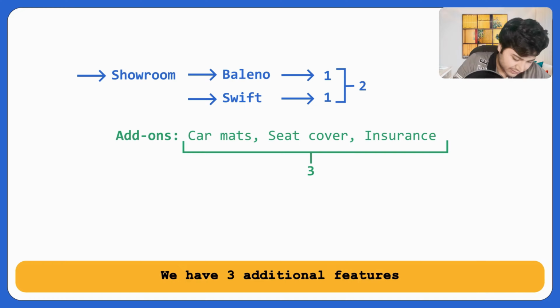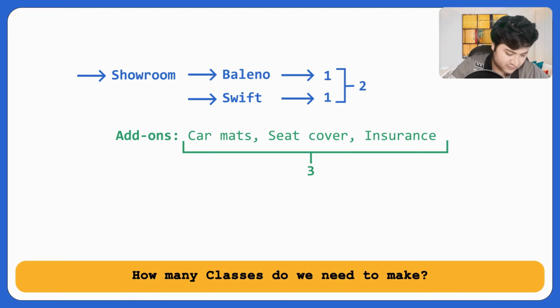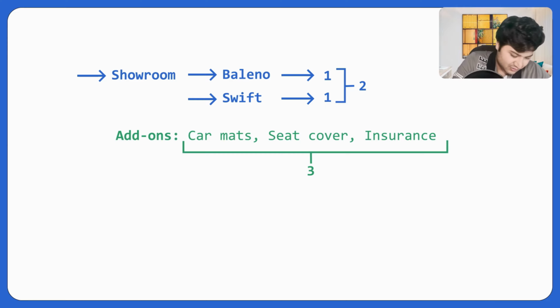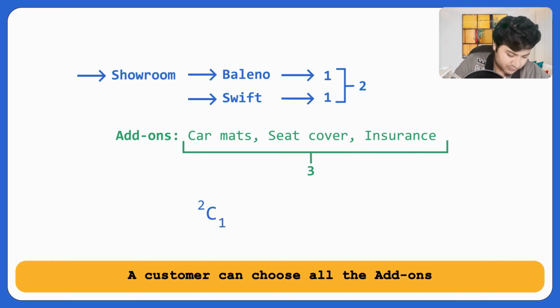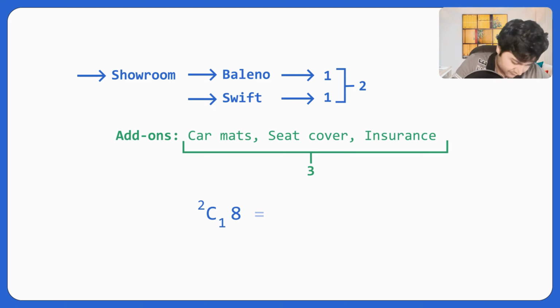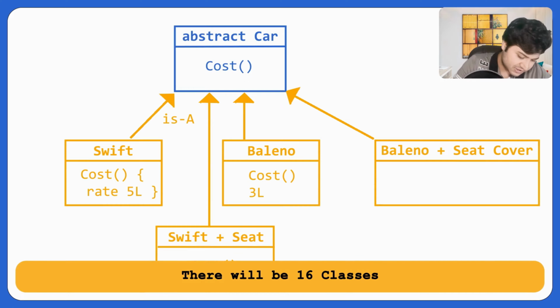How many classes will we have to make? With this simple permutation, a person would choose one base class, so 2C1, and a person can choose any combination of add-ons. So there would be 8 combinations, which equals 16 total classes. There would be 16 classes which we'll have to make like this.